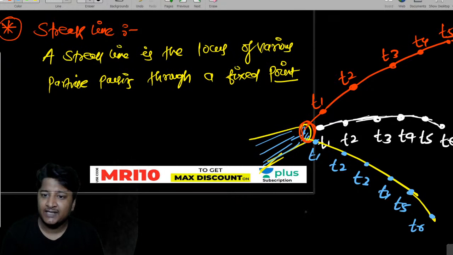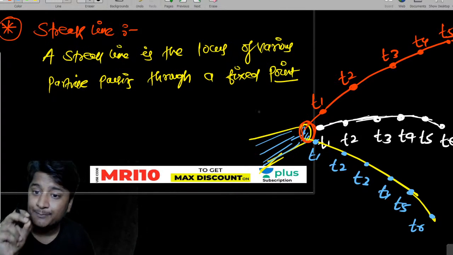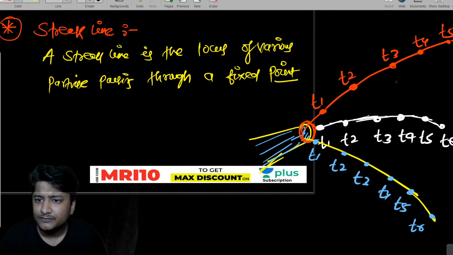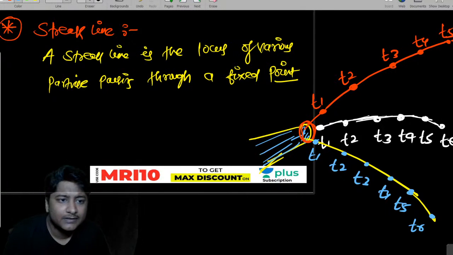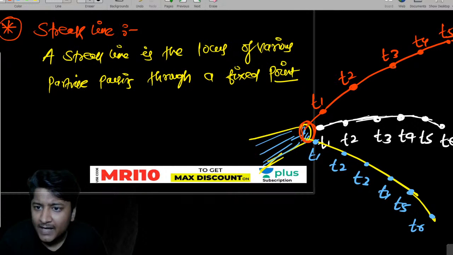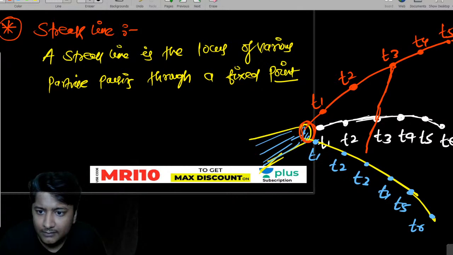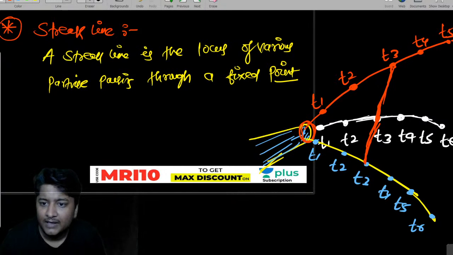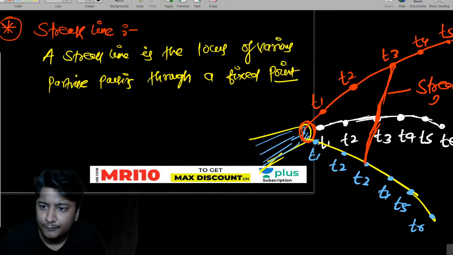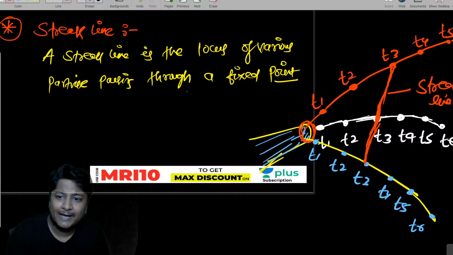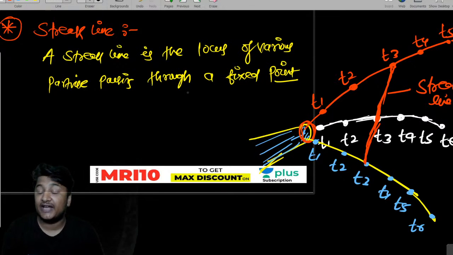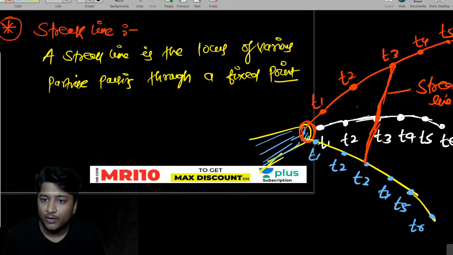Now what is a streak line? Remember, look here. At any point, this is nothing but the streak line. This red line which you drew is nothing but a streak line at a particular time t3.